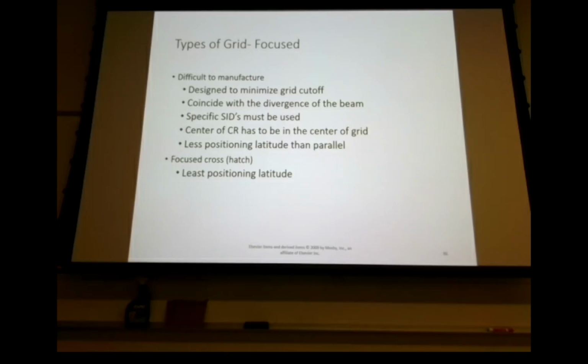C-A-N-T-I-N-G, canting. Canting of the grid strips is specific to your focused grids, or possibly the focused crosshatch. You have to use specific SIDs, otherwise you're going to have grid cutoff. It has less positioning latitude than parallel, but more positioning latitude than a focused crosshatch.